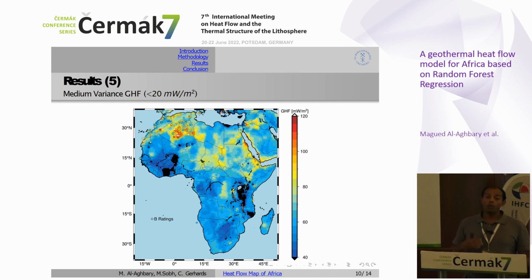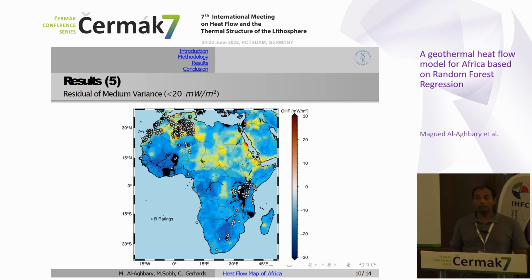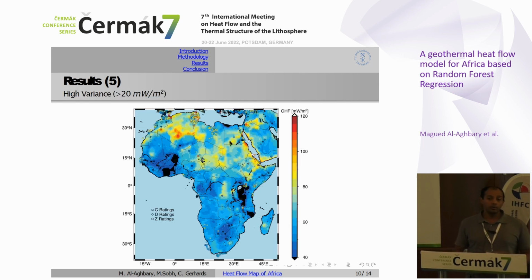However, we have more residual, and that's normal because the training data itself had higher uncertainties. And for the data that are higher than 20 milliwatt, that has a variation of more than 20 milliwatt per meter square, again, it managed to capture the trend.